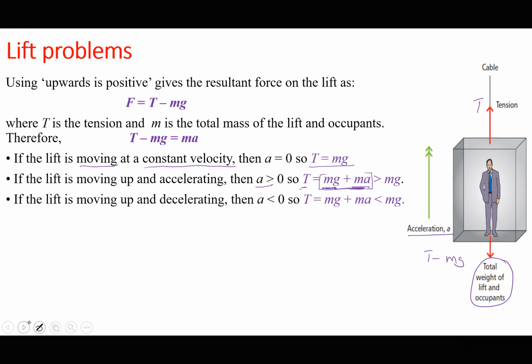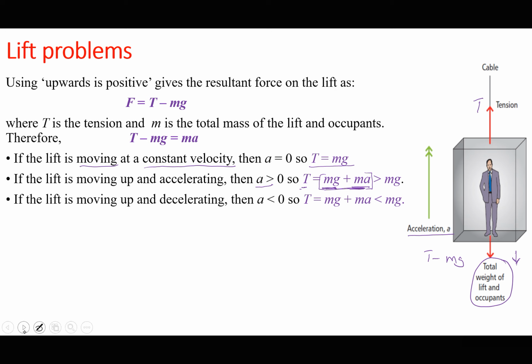That is the only way it can slow down, so the acceleration is going to be negative in that case. So it means the tension is less than the weight of the object. If it is moving up but slowing down, the total force downwards is greater than the force upwards. That's why it is decelerating. So tension T is going to be less than mg in that case.